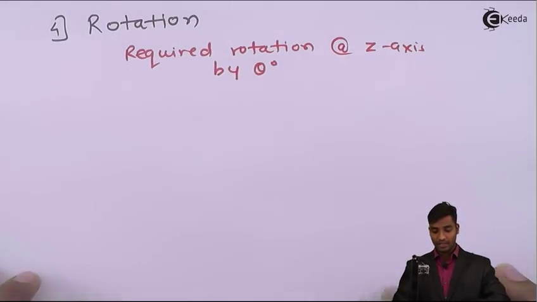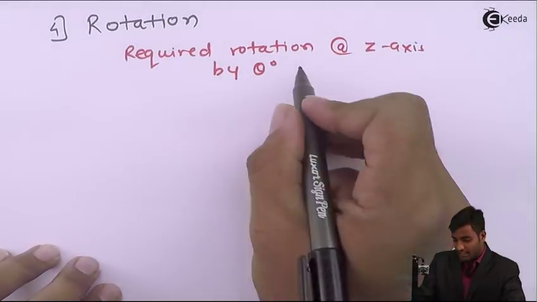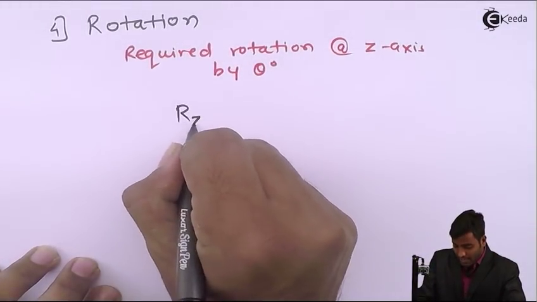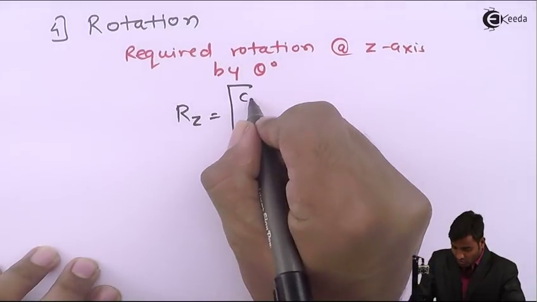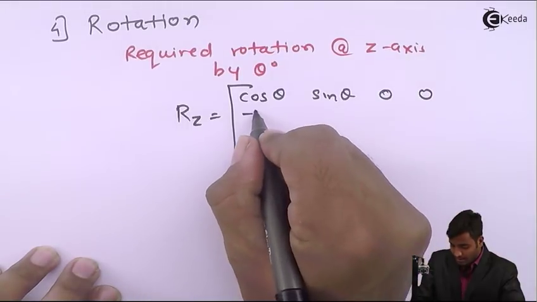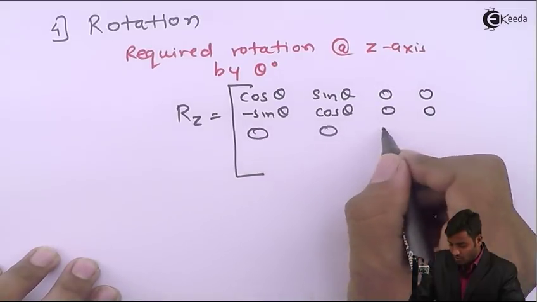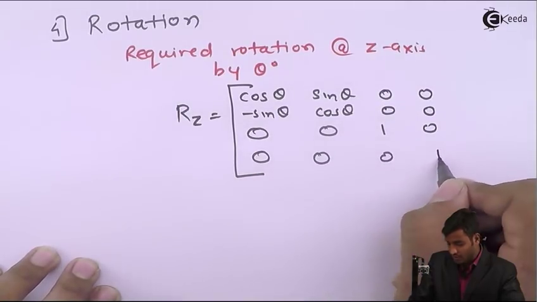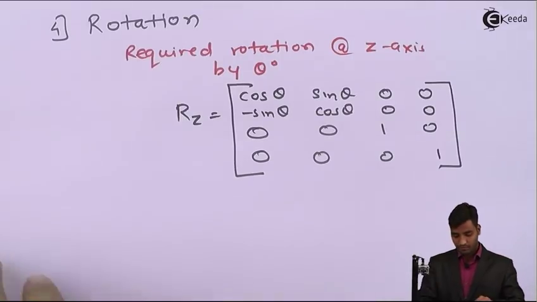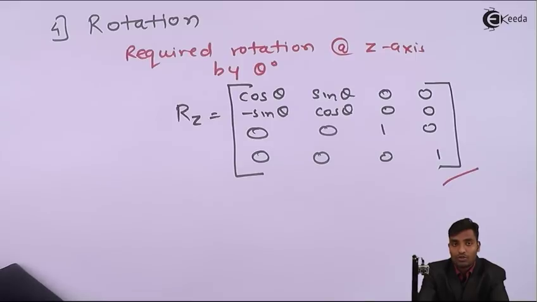So we successfully rotated by performing the rotation about z axis by theta degree. So Rz will be cos theta, sin theta, 0, 0; minus sin theta, cos theta, 0, 0; 0, 0, 1, 0; 0, 0, 0, 1. So this is the matrix for rotation about z axis. So we successfully rotated a 3D point about a given 3D line.